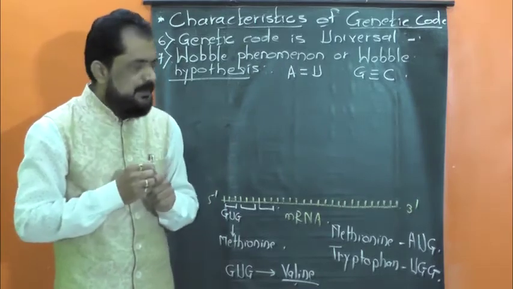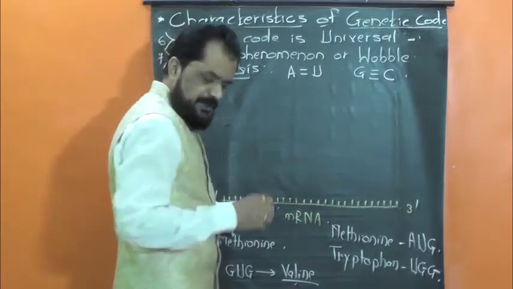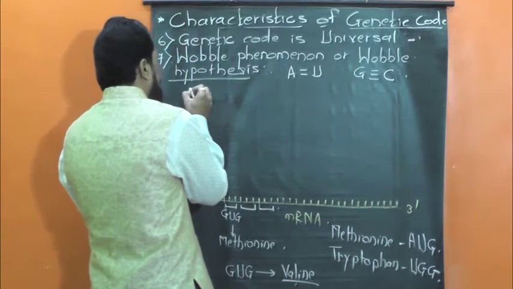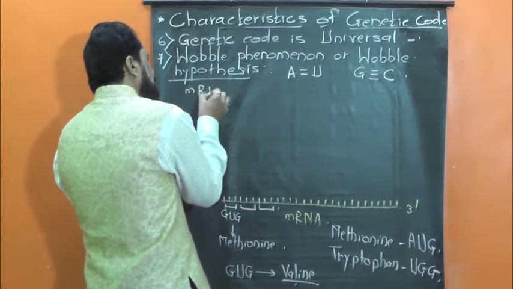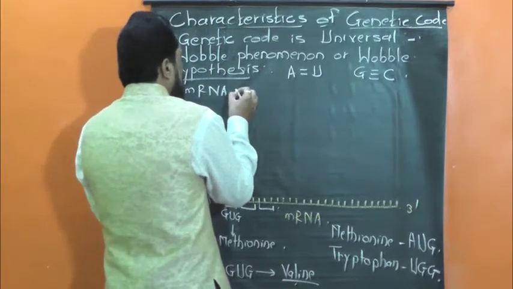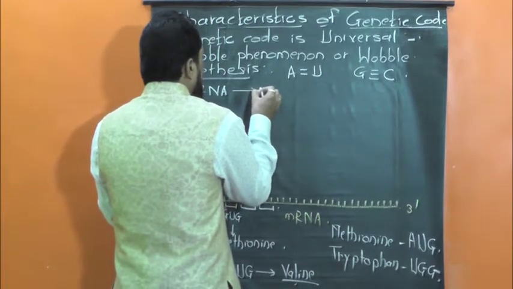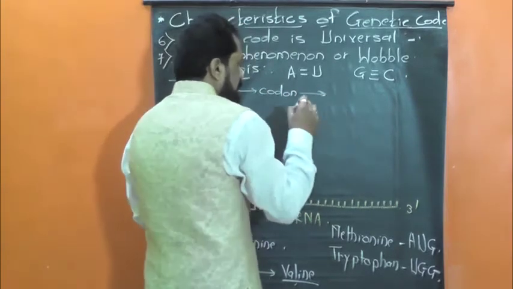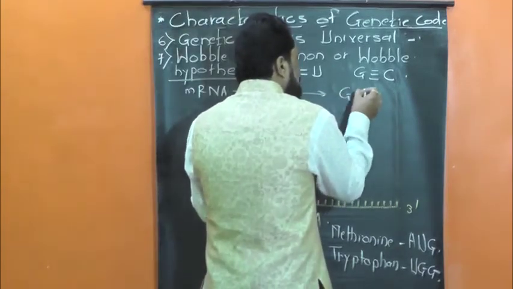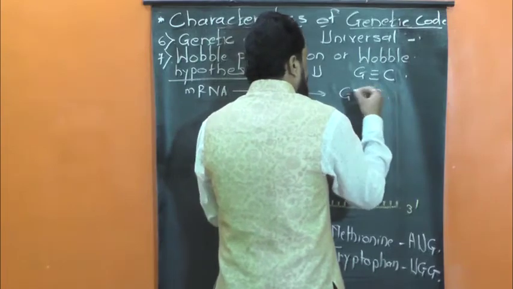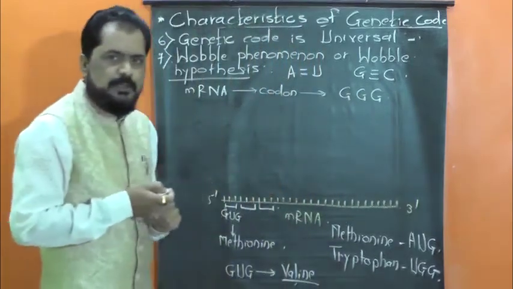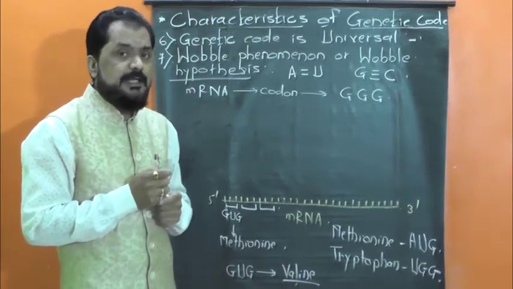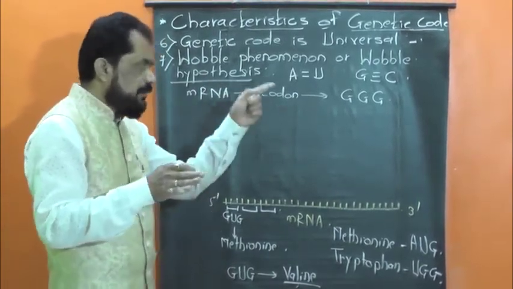Now listen. Suppose consider here is an anticodon and a codon on messenger RNA. कल्पना करा या ठिकाणी मी मेसेंजर आरएनए वरचा कुठला पण एक कोडॉन लिहितोय. आपण GGG हा कोडॉन कन्सिडर करू. So as we know that the anticodon in tRNA is complementary to the codon.